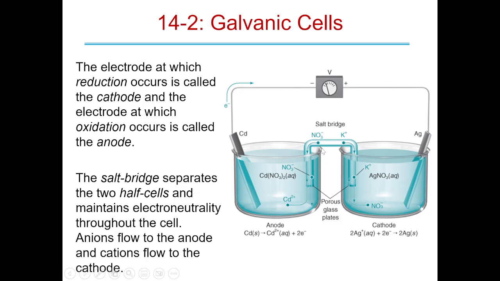But in this case, your salt bridge is absolutely vital to a galvanic cell continuing to run, because if you did not have something to move charge over here, this entire solution would build up a positive charge, wouldn't it? And this one would build up a negative charge. So you have to continuously let potassium come in here and nitrate come into the other side so that you can balance the charge.